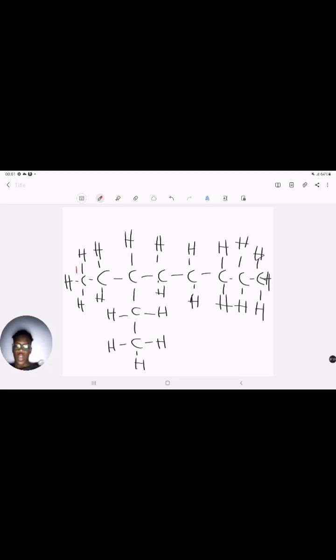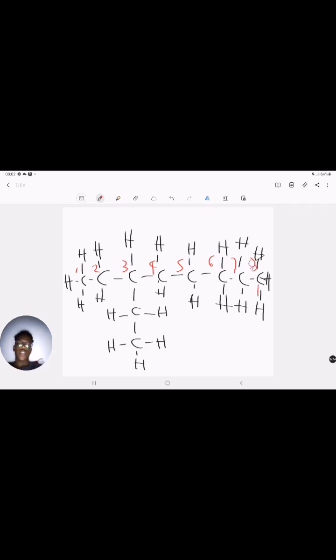Okay, so now I'm going to number it. Step number 1, identify your longest chain. I'm going to choose this one. Longest chain identified. Done. Step number 2, number your chain from left to right and then from right to left. So from left to right, that's 1, 2, 3, 4, 5, 6, 7, 8.